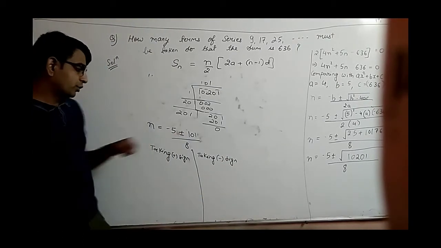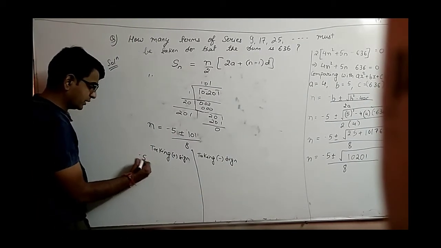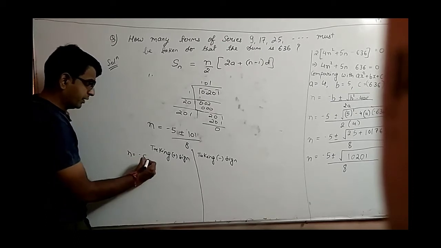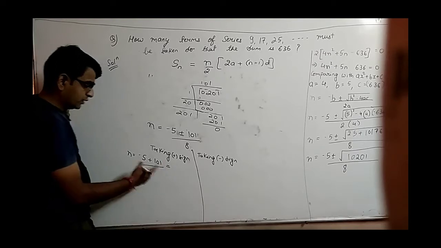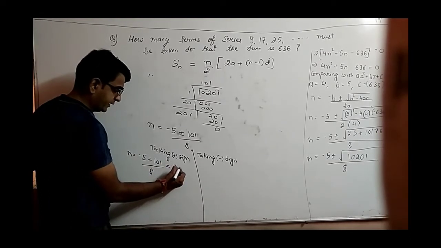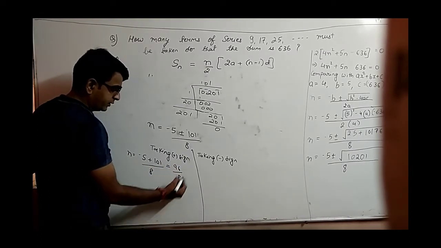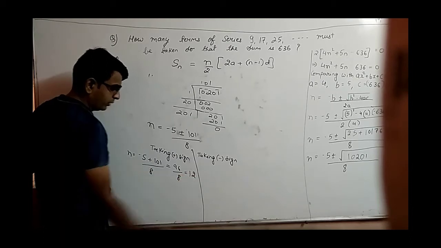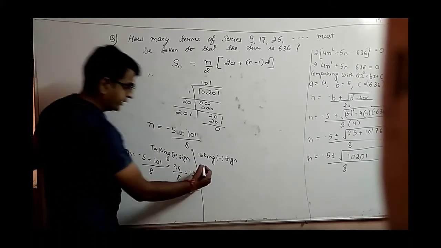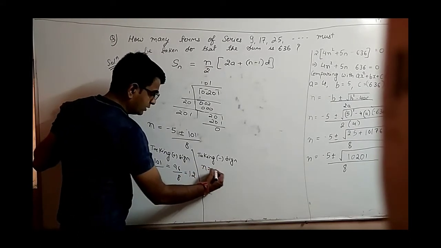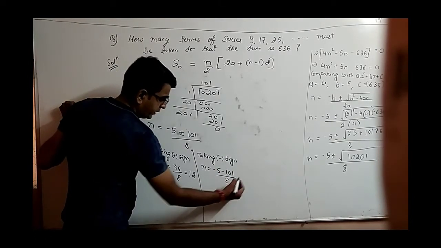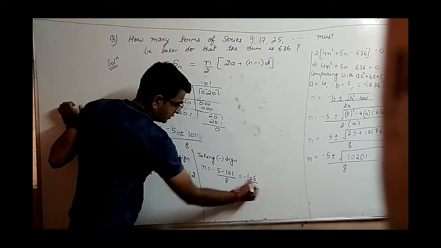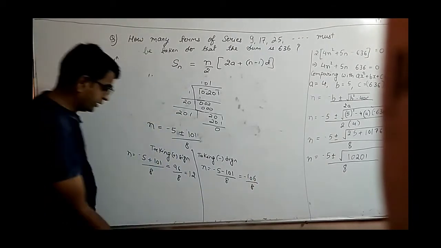When I take the positive sign, n is equal to minus 5 plus 101 by 8. 101 minus 5 is 96 by 8, which is equal to 12. When I take negative, what n is? Minus 5 minus 101 on 8, which is minus 106 by 8.